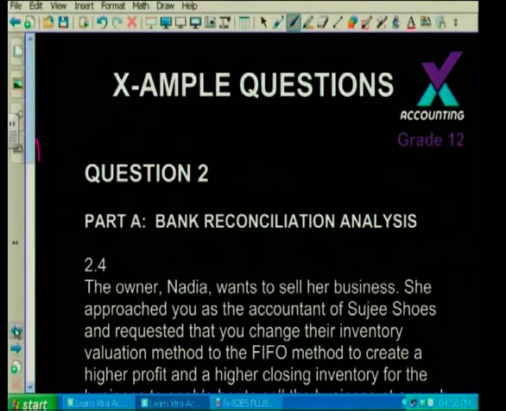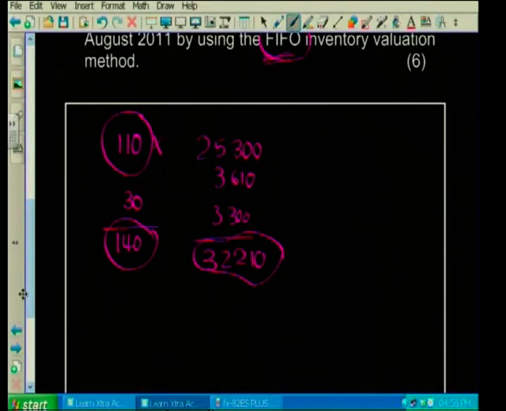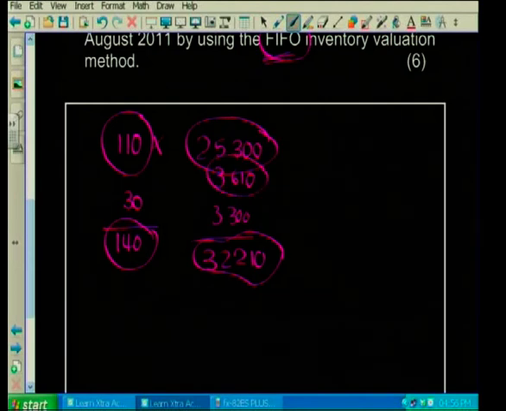Because I know exactly that these golf clubs or these shoes were purchased. Remember, these shoes were purchased for 25,300, and they had import duties of 3,610. So you have an accurate value of the goods that you have on hand. It's a more realistic figure, right?